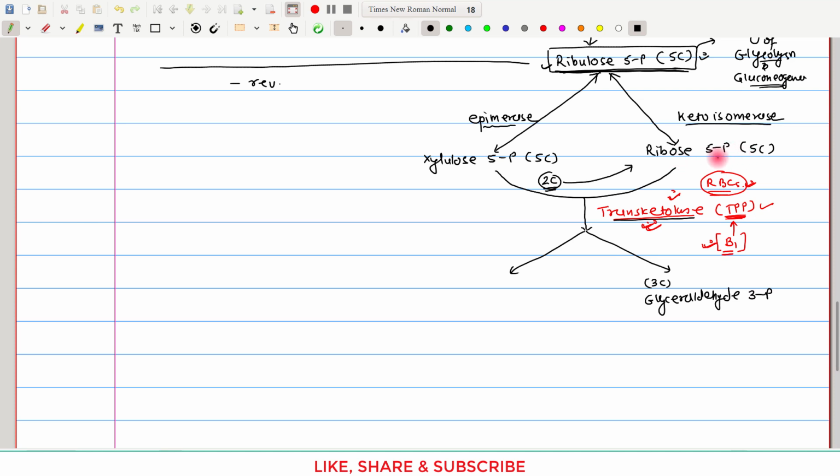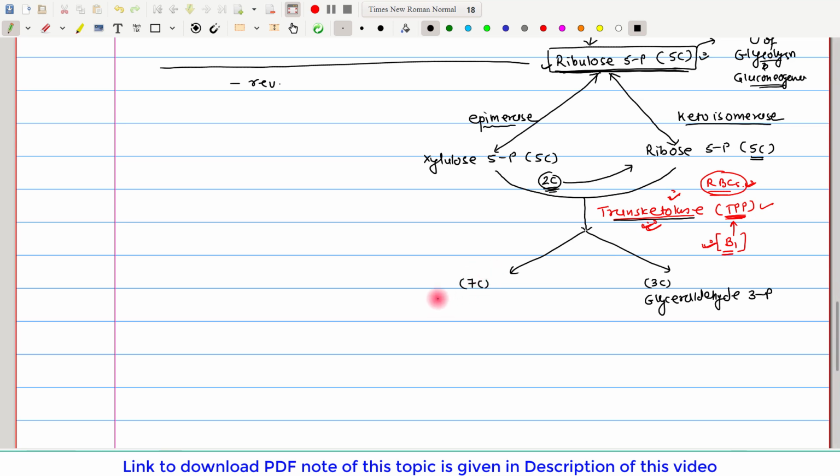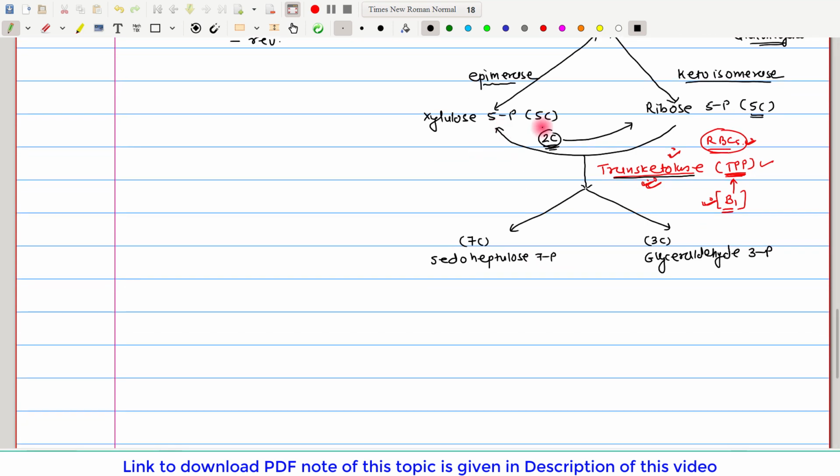And this ribose 5-phosphate gets 2 more carbon. So 5 plus 2 makes a total of 7 carbon, and this 7 carbon compound is pseudoheptulose 7-phosphate. Remember, this entire reaction is reversible in nature.